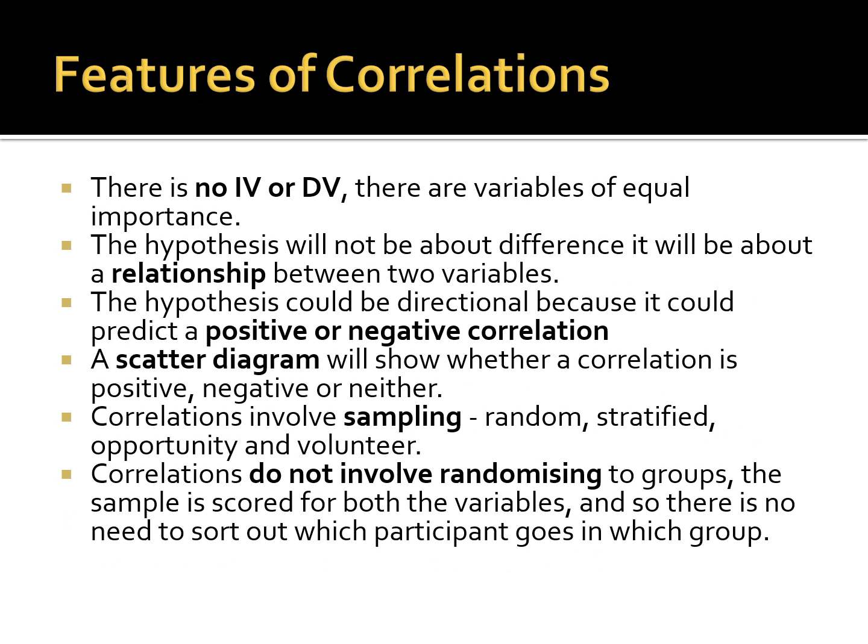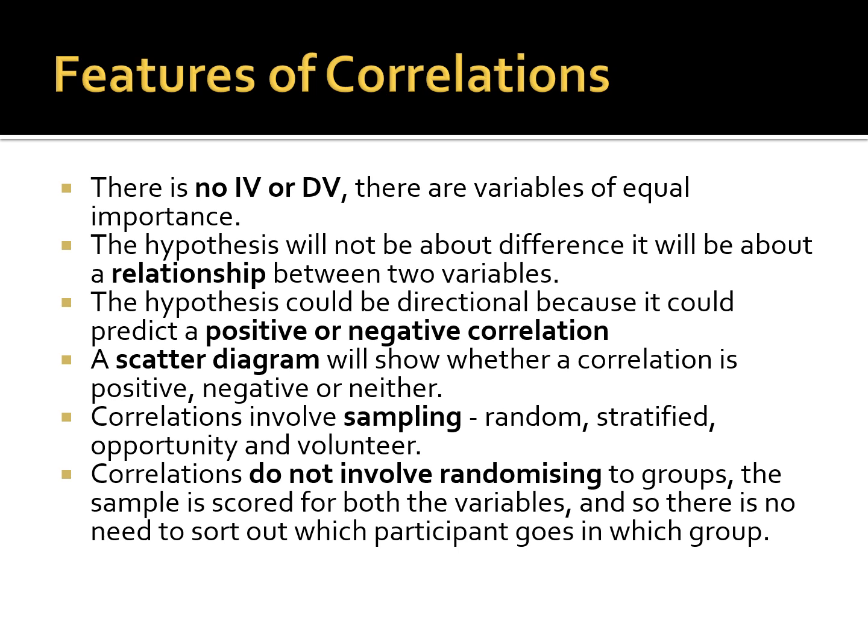So, quickfire recap, there is no IV or DV, there are just covariables and they're of equal importance. The hypothesis that you'll be testing is not about difference, so we're not looking at a difference between or whether something is more or less. It will be about a relationship, so whether there is a relationship between caffeine and anxiety.